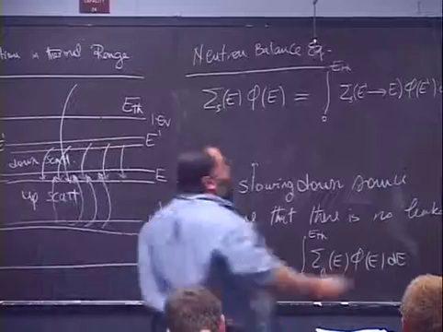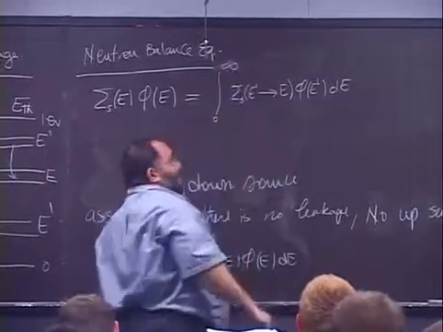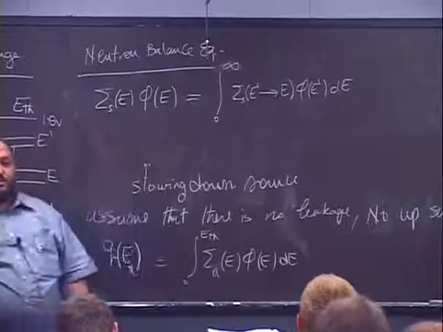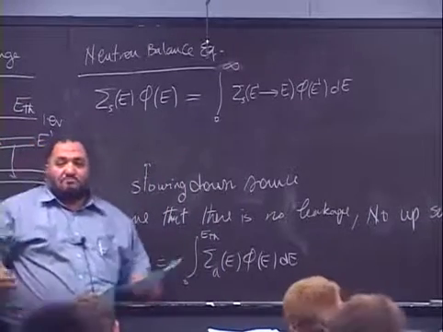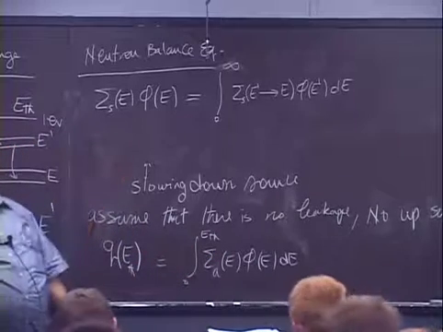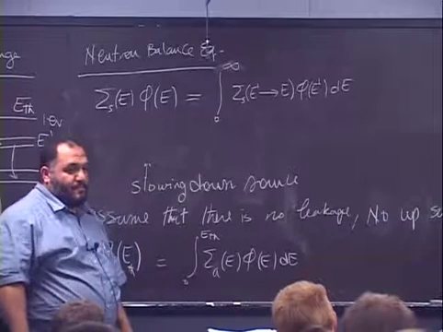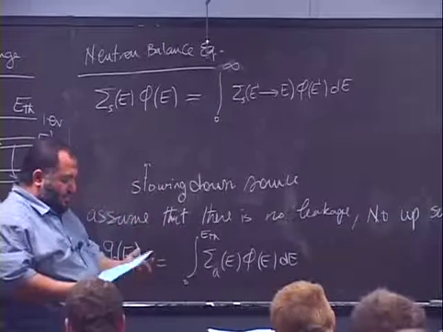So it does not hurt me if I change this to infinity. Why? 0 multiplied by anything from E thermal to infinity does not add anything to your integral. And we're still assuming no leakage.